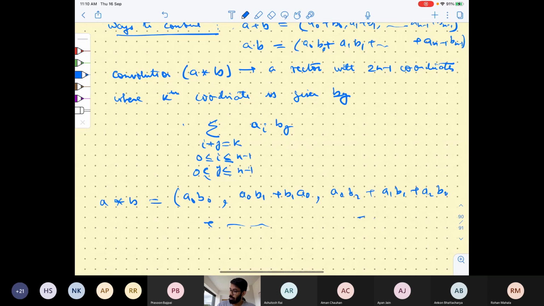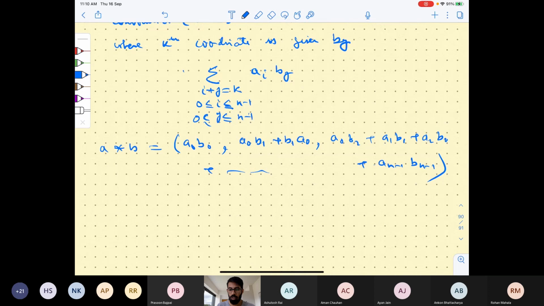And finally you get an minus 1 bn minus 1. This is the vector that you get as the result of the convolution.